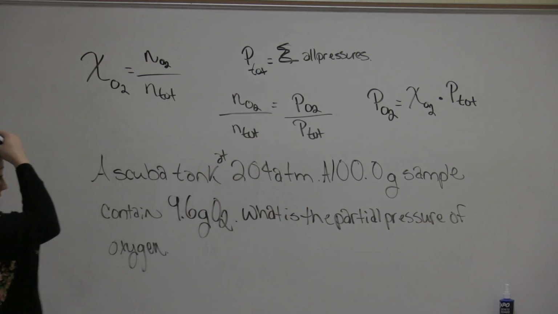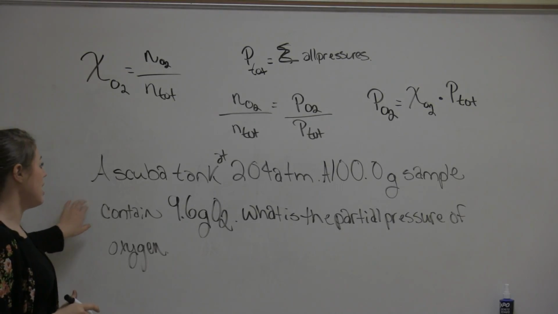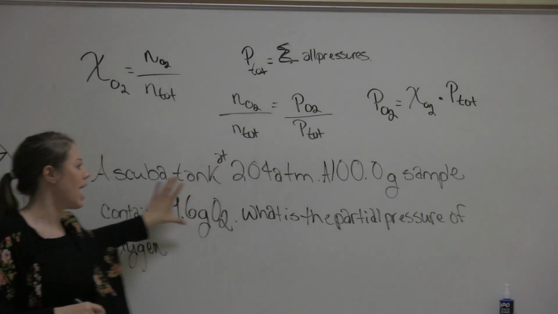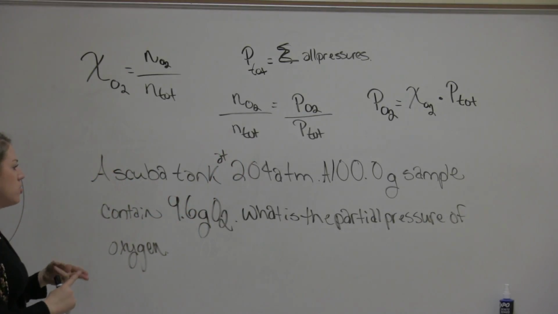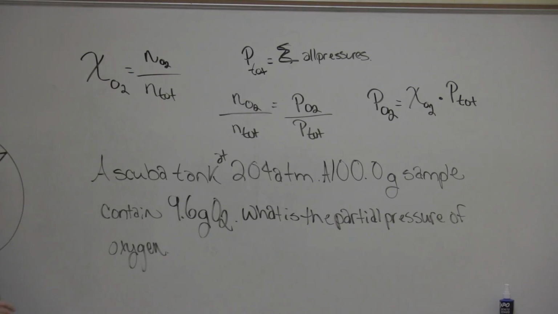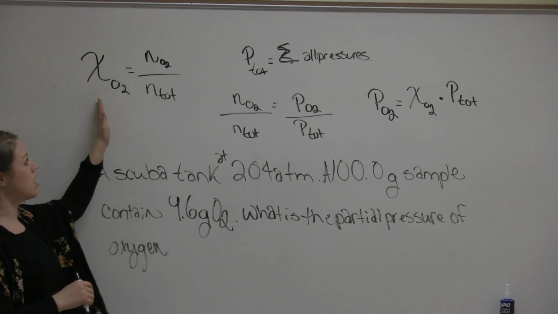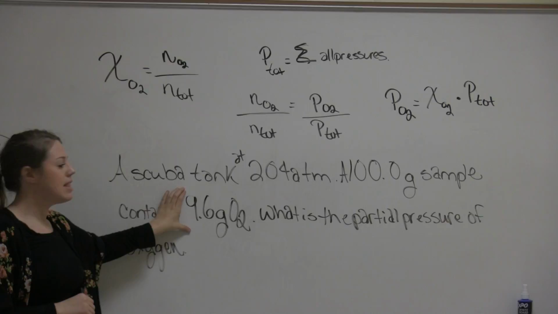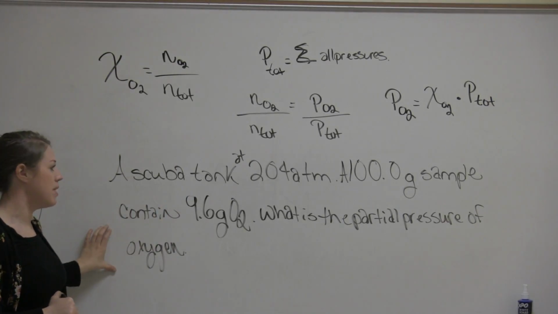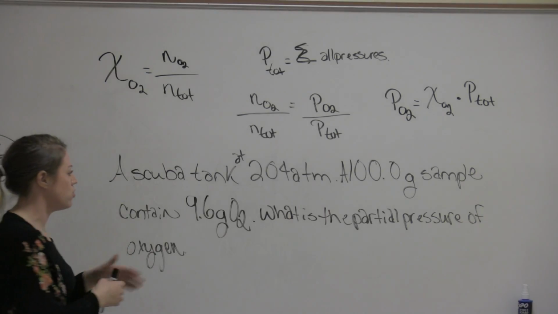Well, first I've got to figure out what is the amount of my other gas. So my other gas in here, we're going to have nitrogen and we're going to have oxygen. So in order to do any relation to pressure, remember Dalton's Law, we can relate pressure to the number of moles. So I've given the amount of oxygen, which I need to get to number of moles, and I also need to figure out the amount of nitrogen I have.